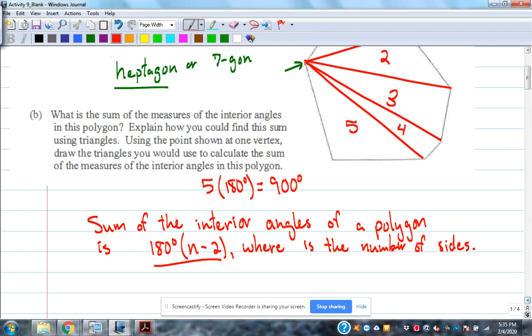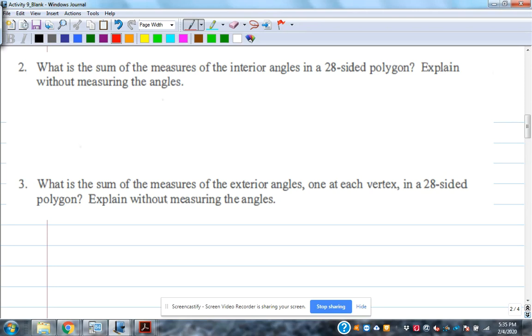So when you get to part number 2 there, it says, what's the sum of the measures of the interior angles on a 28-sided polygon? 180 times 28 minus 2. 180 times 26. And everybody knows their 26 times tables, right?